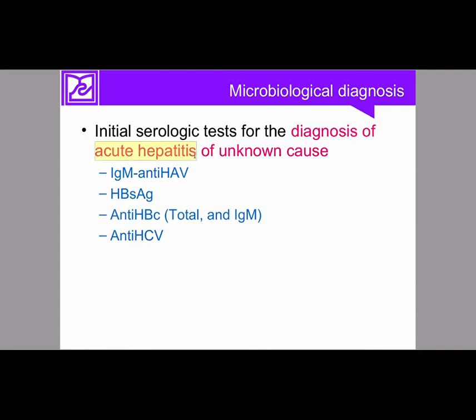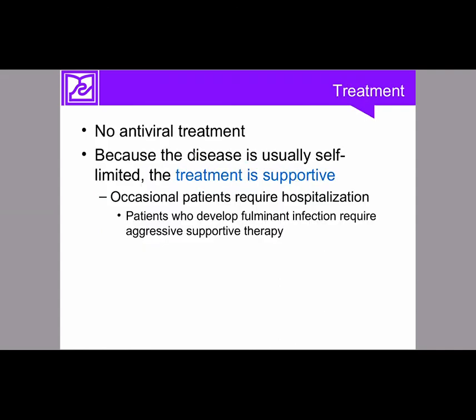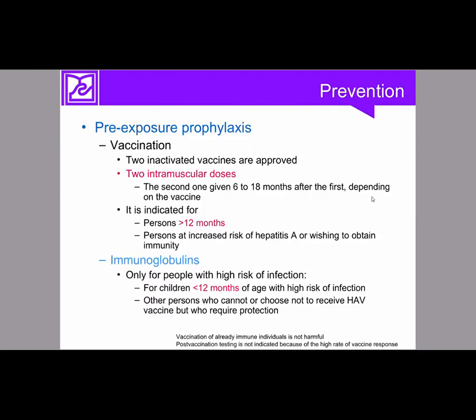This is not microbiology. This is clinical medicine. We don't have any antiviral treatment against hepatitis A. So the treatment is only symptomatic, supportive. Sometimes patients require to be hospitalized, mostly patients with failure in the coagulation, but this is very uncommon.